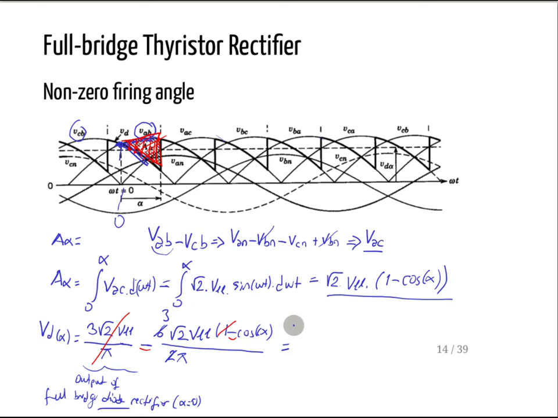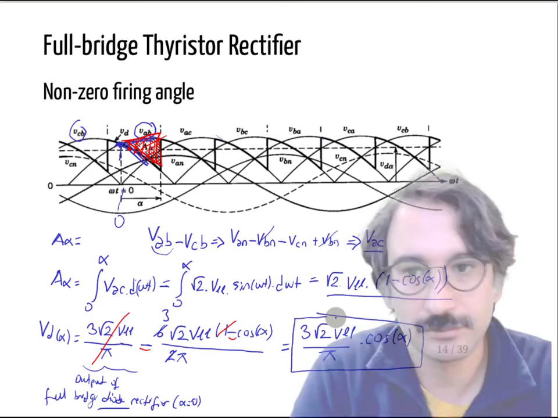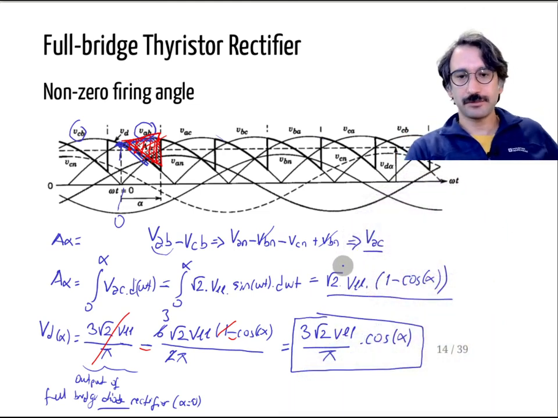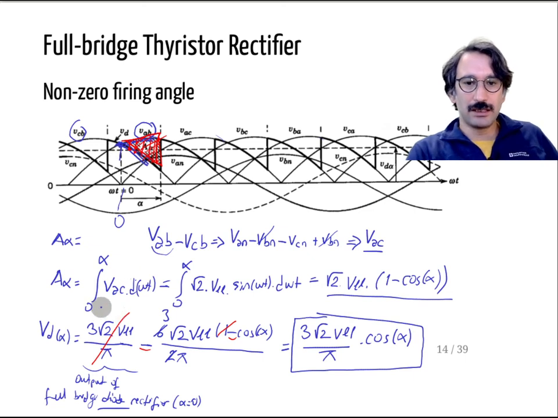So you have 3 square root 2 VLL divided by pi times cosine alpha, right?